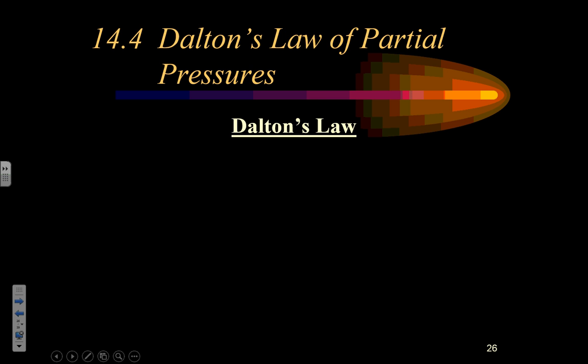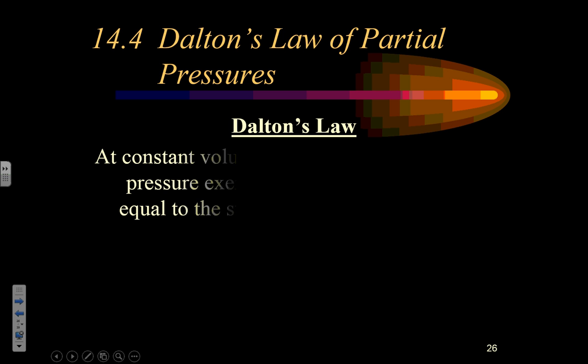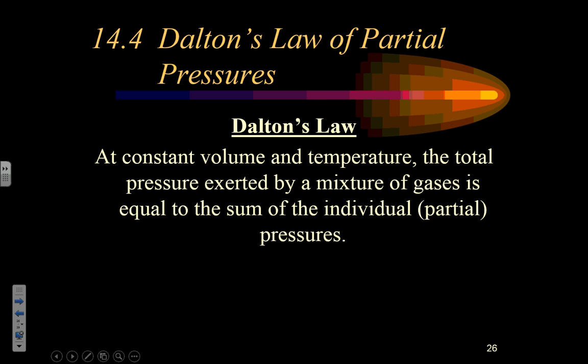This is called Dalton's law, or Dalton's law of partial pressures. At constant volume and temperature, the total pressure exerted by a mixture of gases is equal to the sum of the individual or partial pressures. So if we have a mix of three gases, P1, P2, and P3, could be oxygen, nitrogen, helium, whatever.